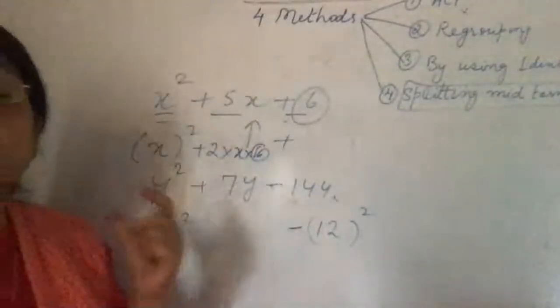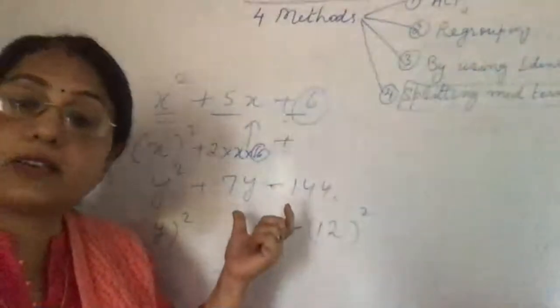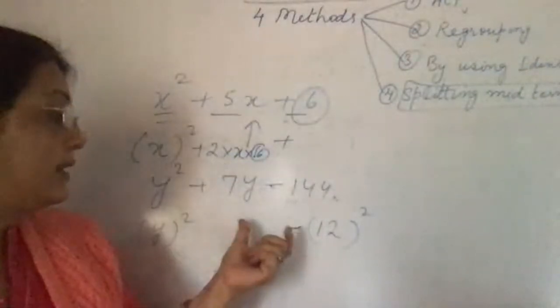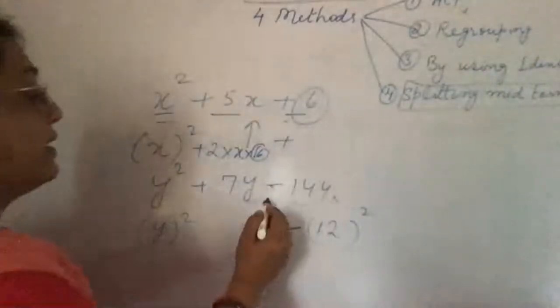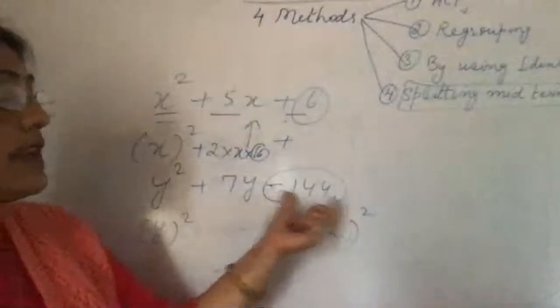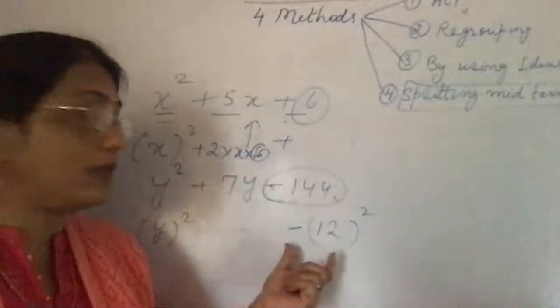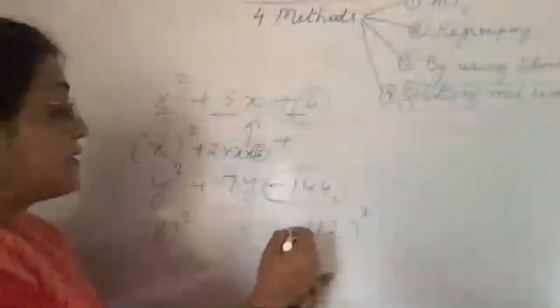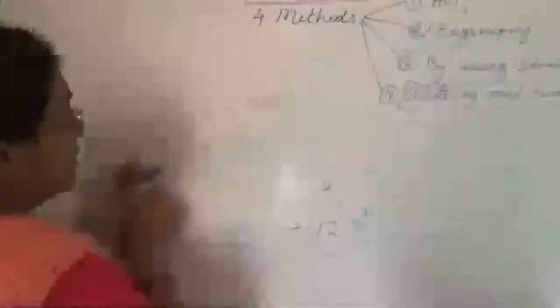So regrouping we can't, identity also we can't do. In these types of questions, one more example I have taken here, it is minus 144. When you check identity, you will see that b square is always positive. So here also we are going to apply splitting the middle term.